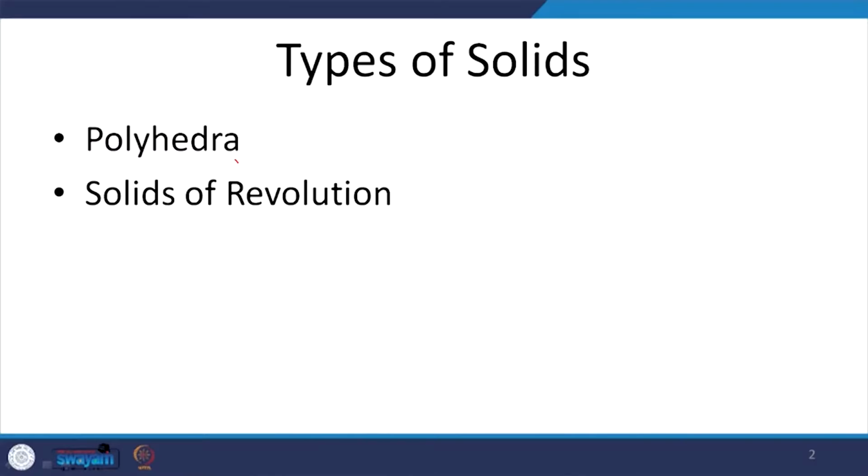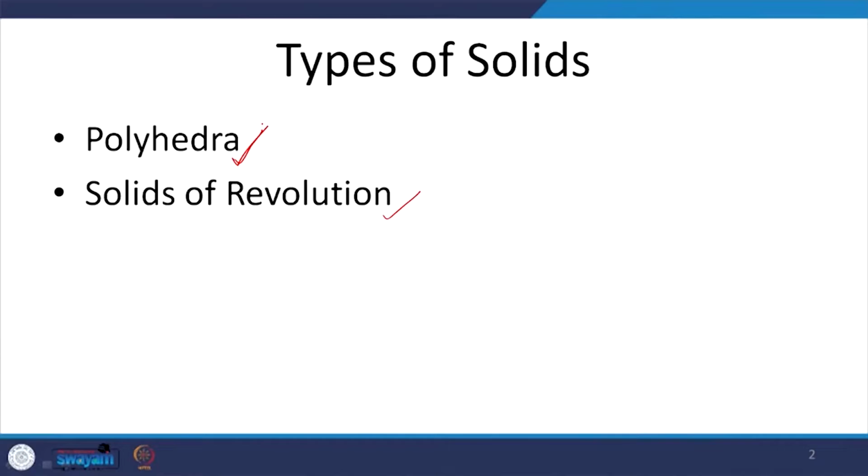So, broadly, the regular solids are divided into two broad categories. The first one is polyhedra and the other one is solids of revolution. Now, polyhedra are solids which have multiple different faces arranged in a certain fashion. So, there will be a rule, a clause based on which the solid will be generated.